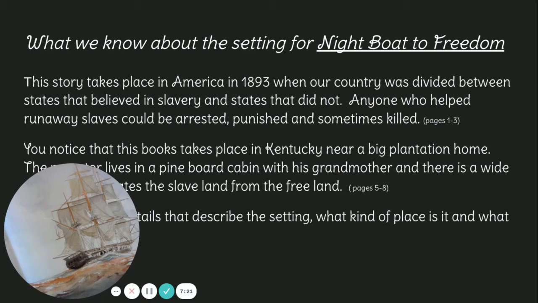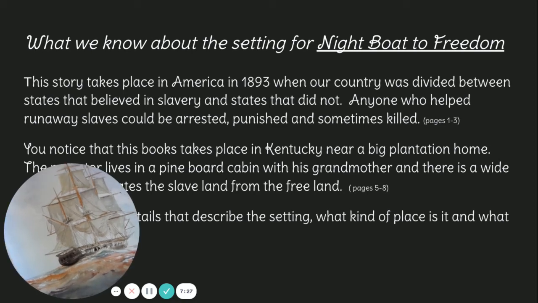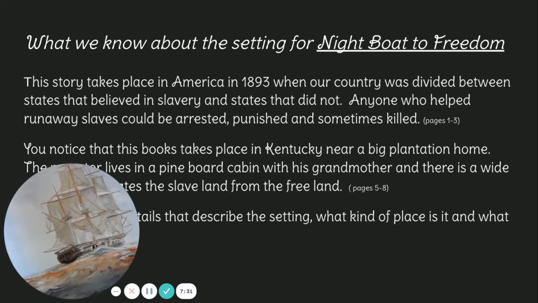But right now they are in Kentucky, and this is not a free state. So they are working as slaves. Granny Judith's plan is to lead people out of slavery across the river to freedom, which would be in Ohio.